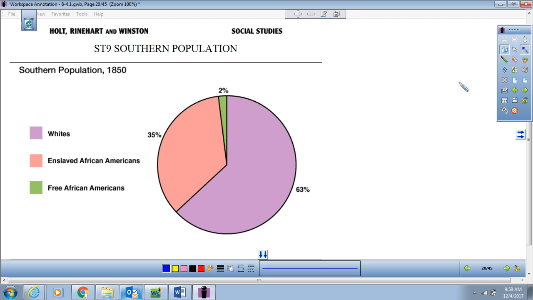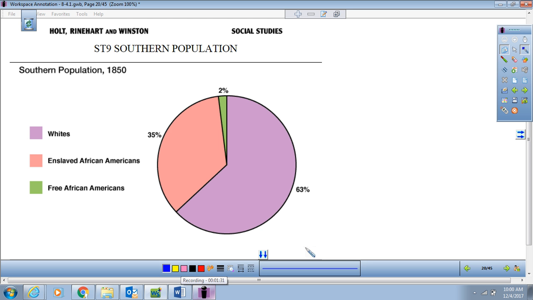Now, this is not South Carolina because, yeah, very few, and that's what you can see here, there are very few free African Americans in the South, period. 2% of the population. The majority was still white, but a large percentage of African Americans. Now, of course, South Carolina back then would have been more 50-50.